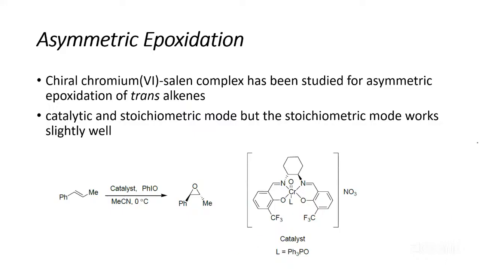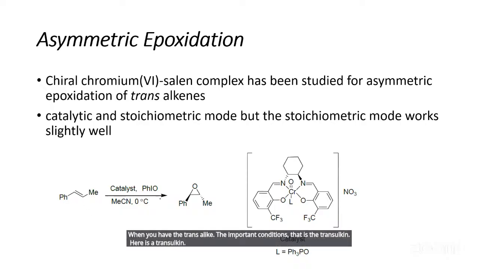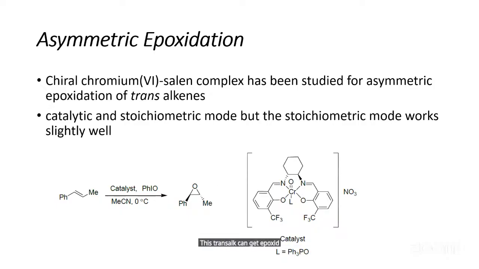Another application of the catalyst, chromium 6, is in chiral oxidation. Chromium acts as a good oxidative reagent to form an epoxide. When you have a trans-alkene, the important condition, this trans-alkene gets epoxidized in presence of the chromium 6 catalyst.